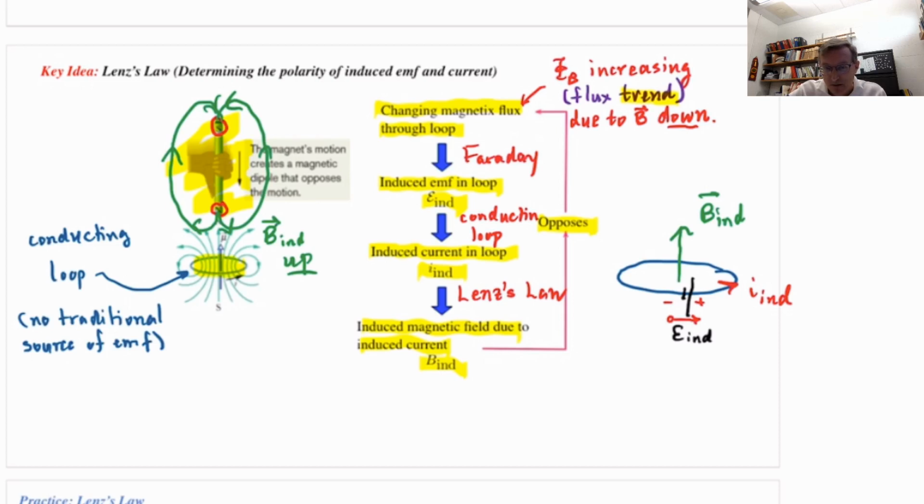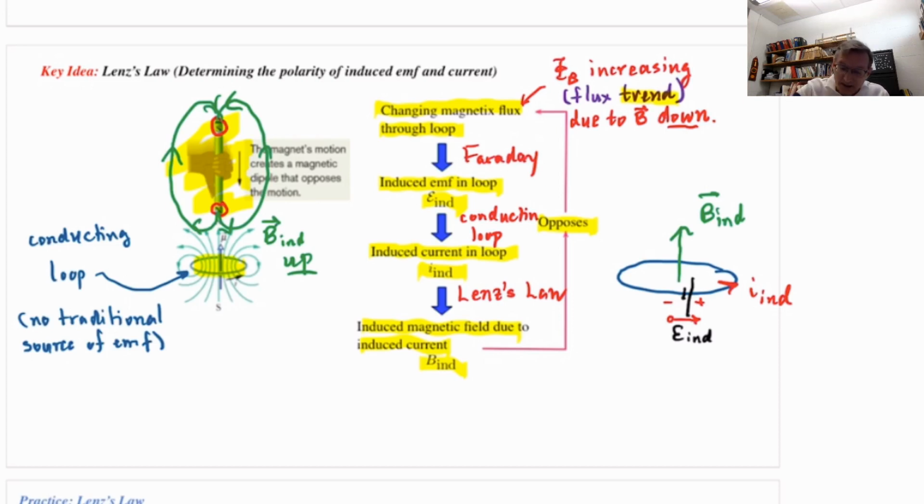But we're always going to do this series of steps. I'm going to find the flux trend, and then I'm going to figure out which way the B induced has to be to oppose that trend. It's all about opposing the original change in flux that was happening. Nature apparently doesn't want the flux through the loop to change, and it's trying to prevent it.